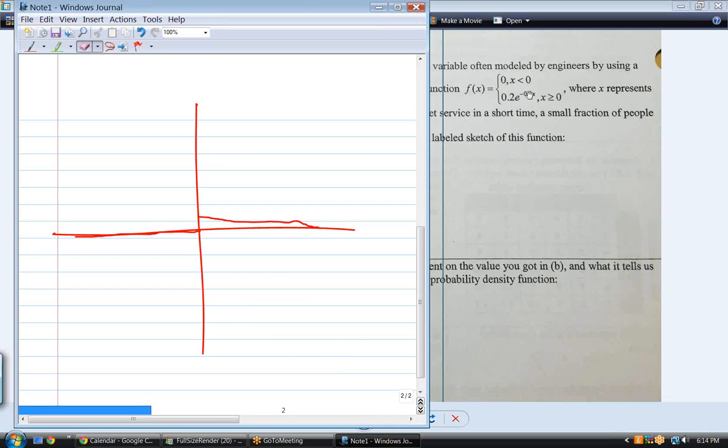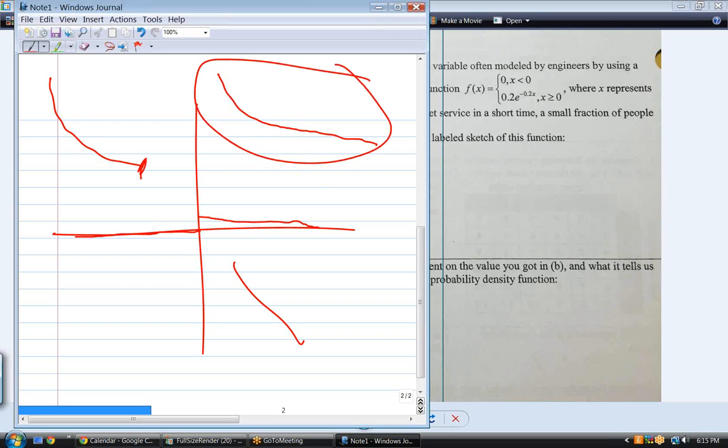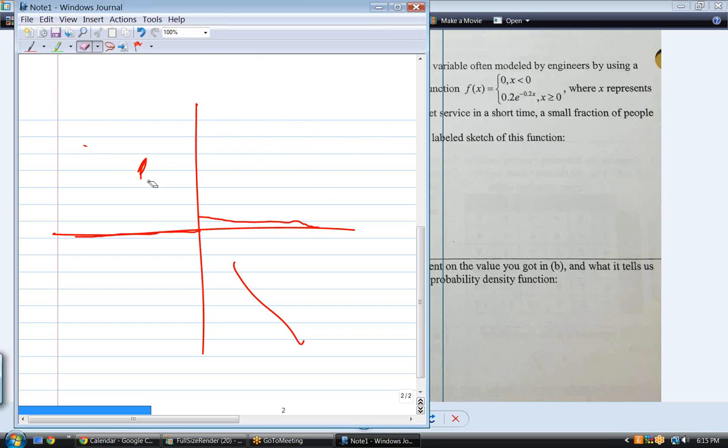And the 0.2 up here represents a horizontal stretch, which takes your exponential function and stretches it horizontally so that it would look something more like that. In other words, if you tug on the end of that string, and you get this. So we've got vertical scrunching, horizontal stretching. This thing should be almost a straight line.